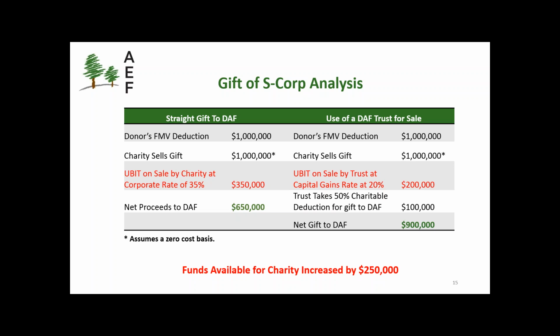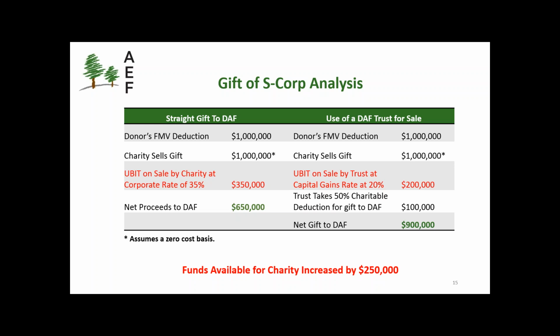And then when the charity sells that stock, the charity must recognize unrelated business taxable income, UBIT, on all of that gain. So that's called all pre-contribution gain, the original cost to the donor all the way up to the value as of the date of the gift.